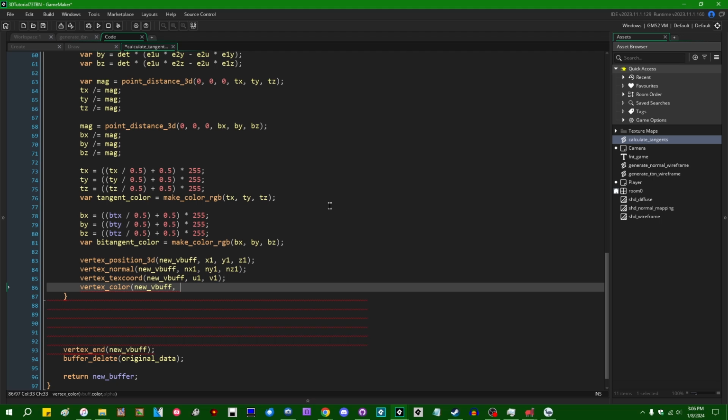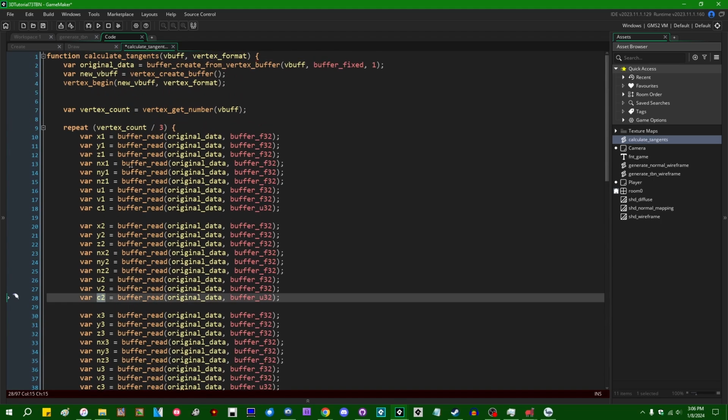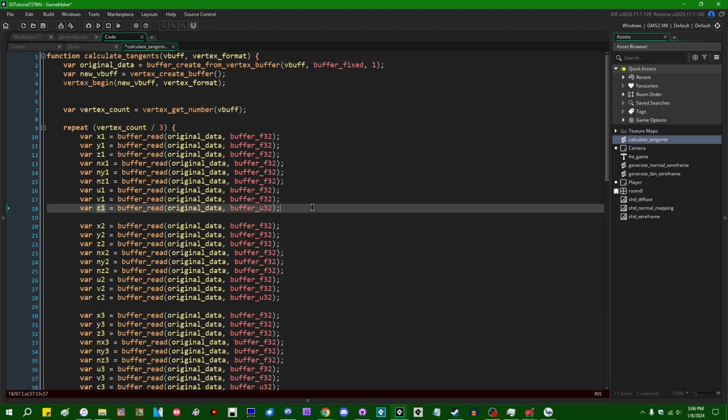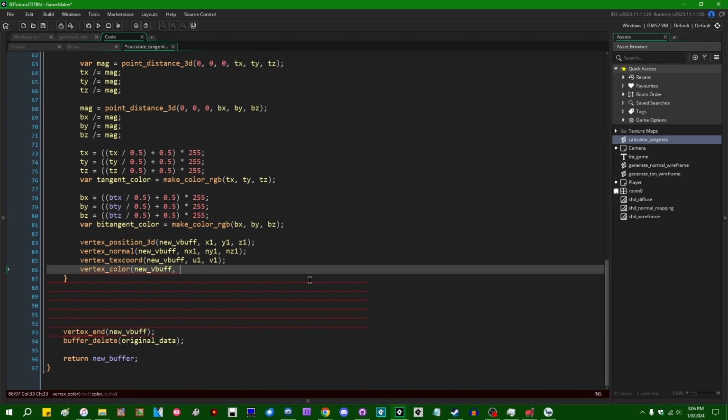a little bit involved because c1, c2, c3 is just a 32-bit integer containing alpha and color information, and vertex color expects color to be separate from alpha.